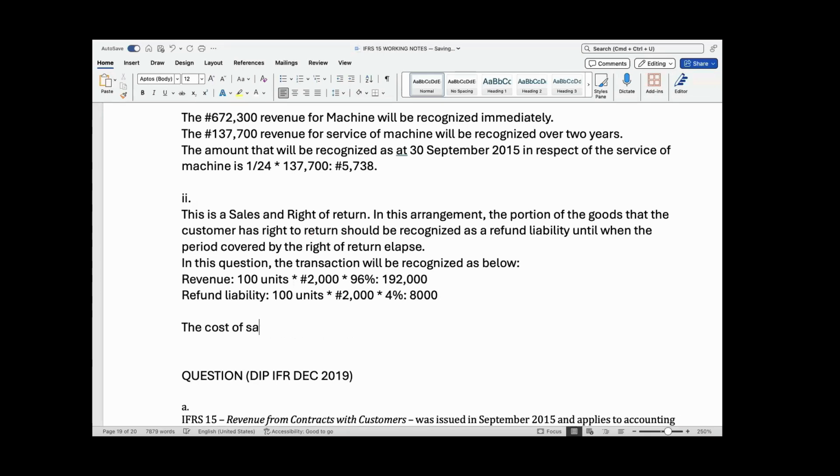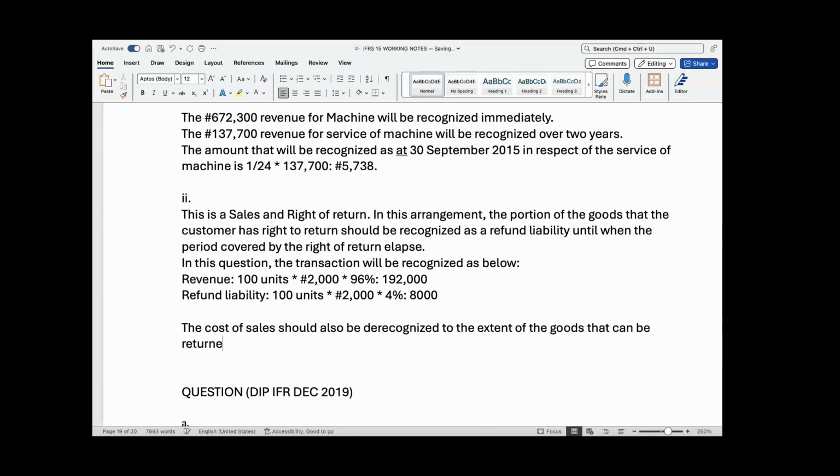So the cost of sales should also be derecognized to the extent of the goods that can be returned by the customer. And this is calculated as shown below.